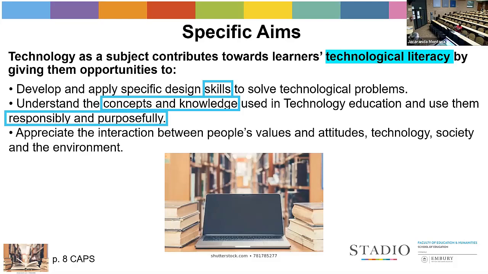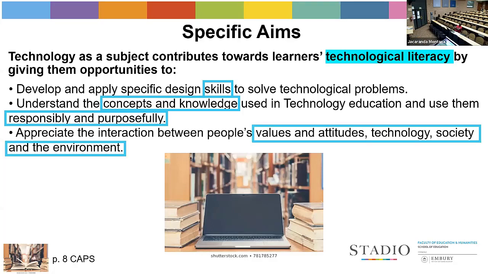Yes, I have this knowledge. Yes, I have the skills and the concept, but what am I going to do with it? Am I making something or solving a problem that's only a problem for me? Is it something that's a problem for the whole school or for the community? And then the last one also links to your values. Appreciate the interaction between people's values, attitudes, technology, society, and the environment. Okay.